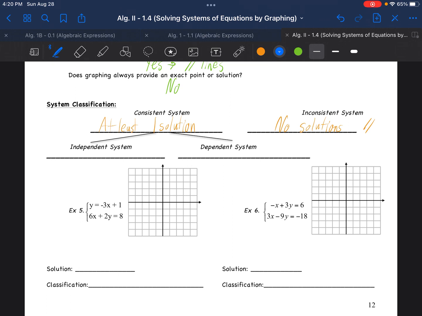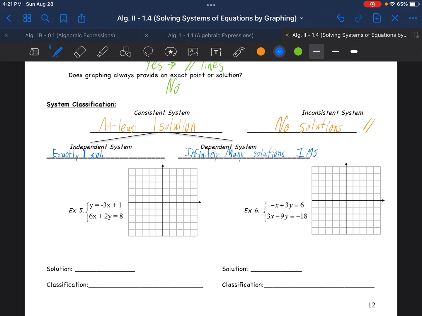Now let's say a system does have at least one solution, so it's consistent. From there, it can either be independent or dependent. If it is independent, that means it has exactly one solution, which I'm going to shorten down to SOL there. If it's a dependent system, it has infinitely many solutions, meaning every point is shared.